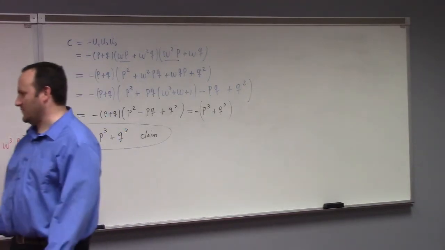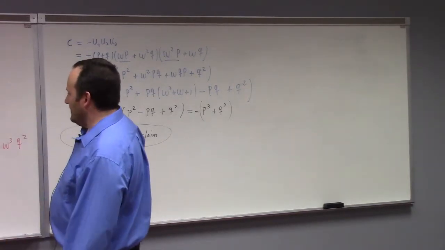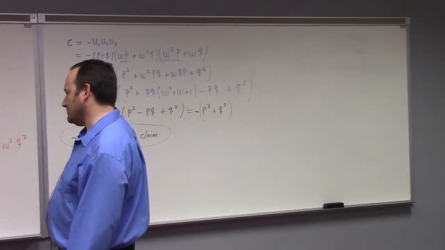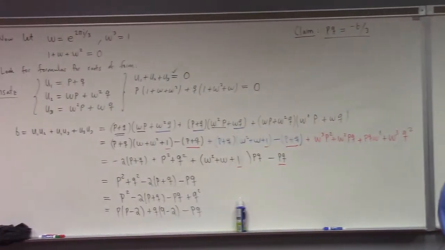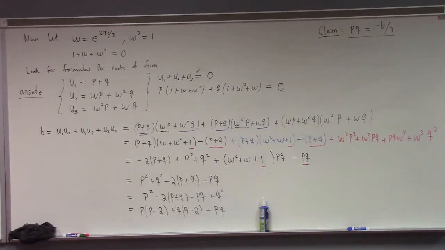Why is that minus B over 3? A mistake would be lovely.